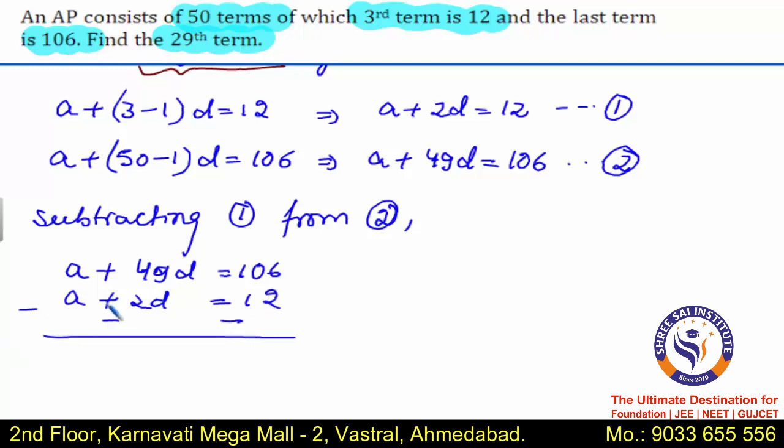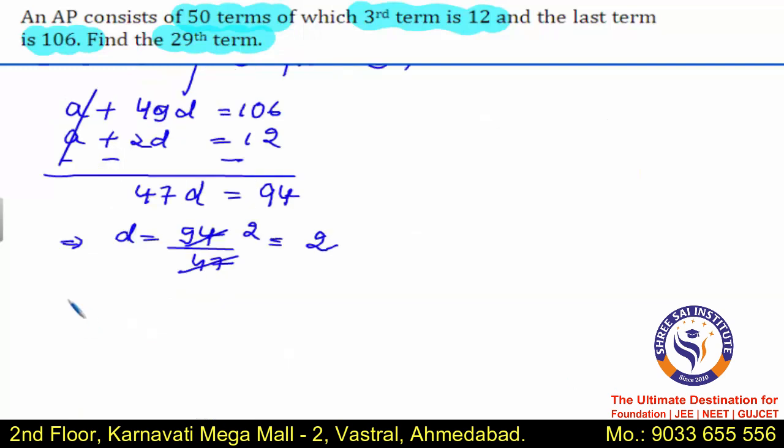This implies 47D is equal to 94. This implies D is equal to 94 upon 47, which on simplifying gives D is equal to 2.